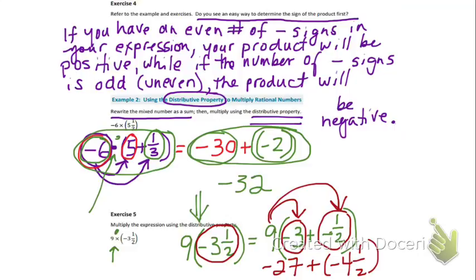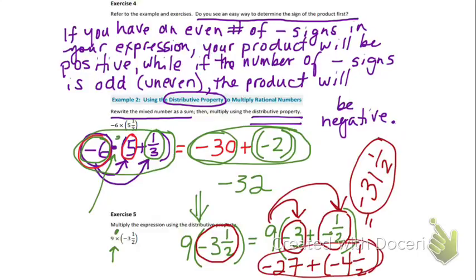Then all I have to do is add those, and again I'm adding two negatives, which I did in the last problem, and that's going to equal -31.5. So that's it. Being able to add these two numbers quickly and easily is very, very important.